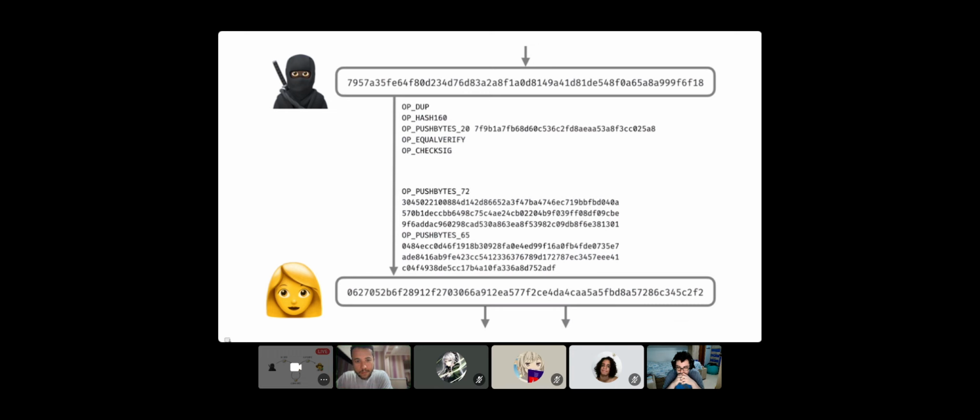The ninja guy created coins, and he put this puzzle here, which is written in a specific programming language called script in the Bitcoin system. And Alice takes this and provides some data that can also be programmable, with if, else, and stuff like that. Together, those two things will be considered a computer program that has to be run by the validators, right?